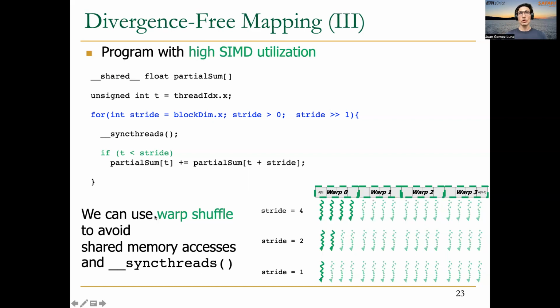These instructions are called warp shuffle, and we can use them for communication internally inside one warp. This way, at least for this last warp, we would be saving accesses to this array in shared memory, which usually takes longer latency to access than registers.